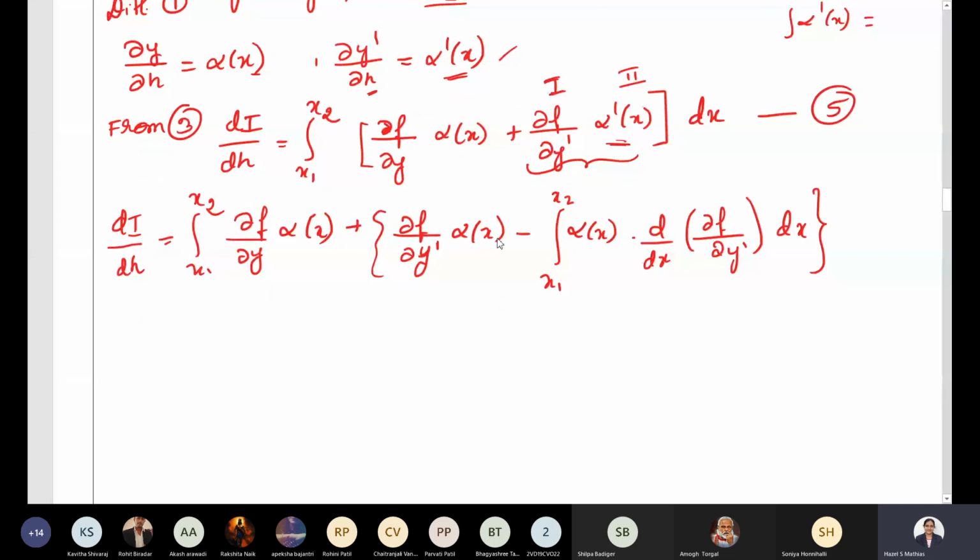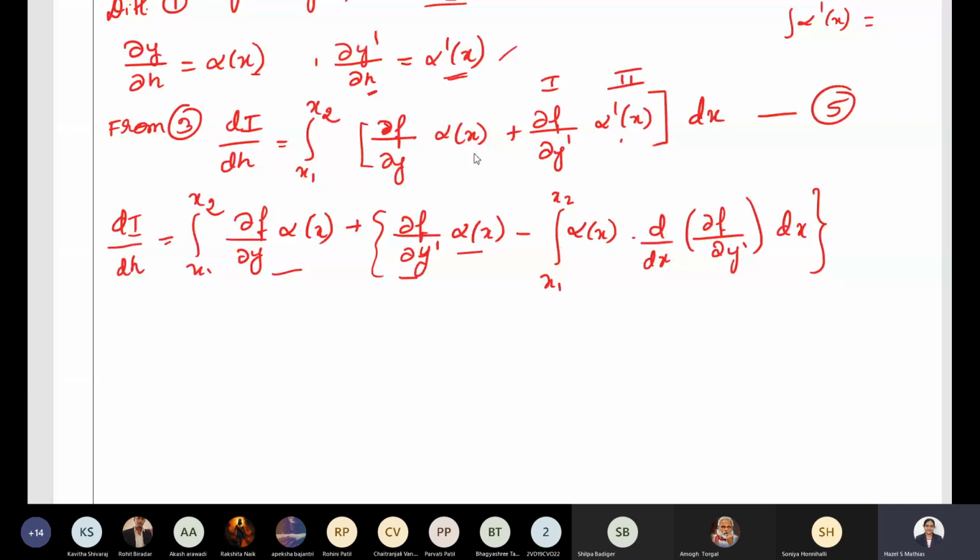I repeat once again. Here the first term we keep as it is, dou f by dou y into alpha of x. Apply the integration on the second part. If I consider dou f by dou y dash as the first term and alpha dash of x as the second term, it is first term into integration of second term.